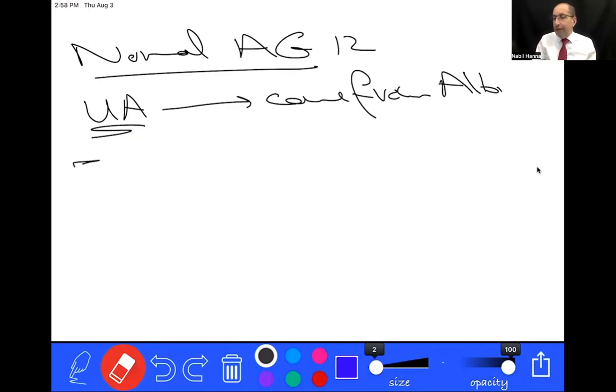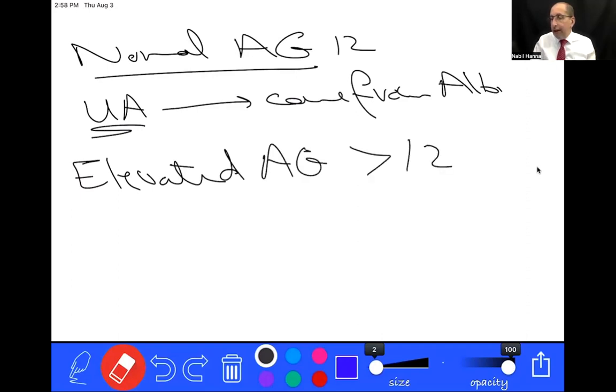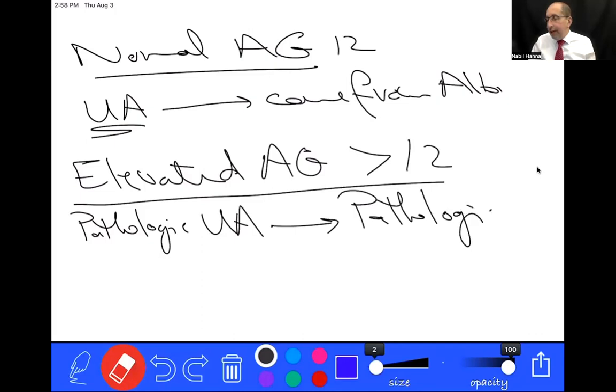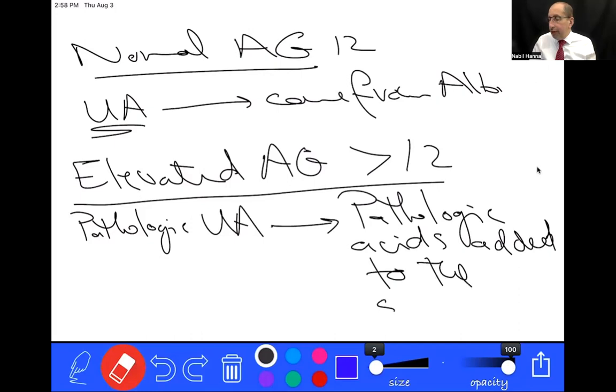But if you have elevated anion gap, higher than 12, this tells us that we have pathologic unmeasured anions that must have come from pathologic acids added to the system, to the body, to the circulation.